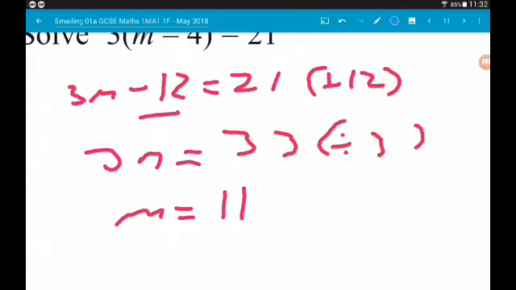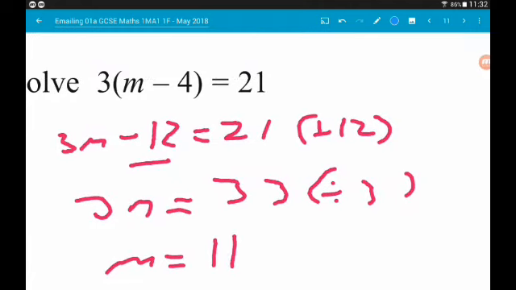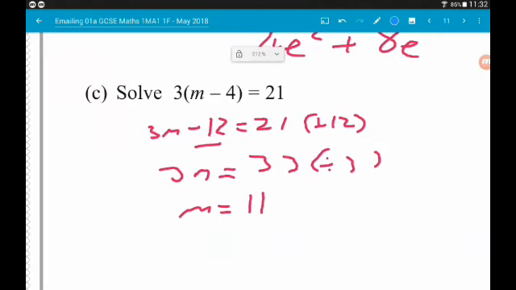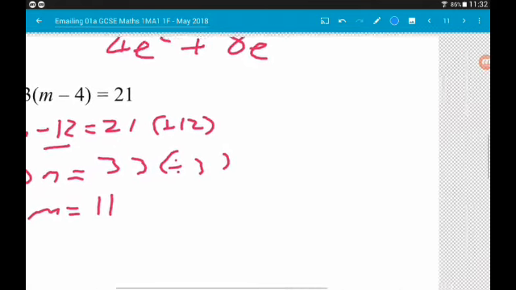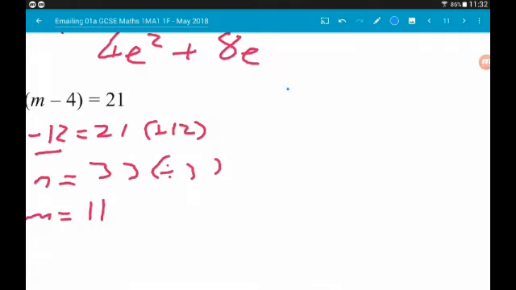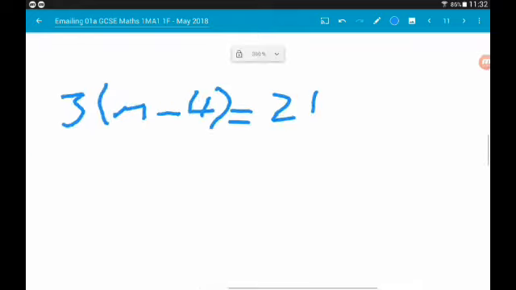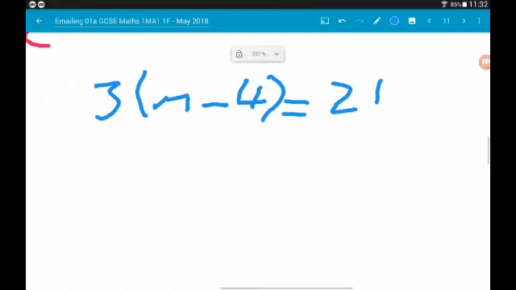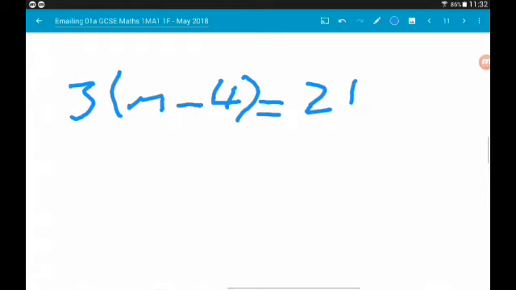Now we could have done this without expanding the brackets. So when we've got 3 lots of m minus 4 is equal to 21, instead of expanding the brackets, we could have divided through by 3 from the start.